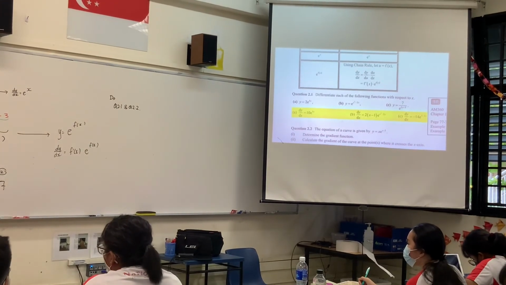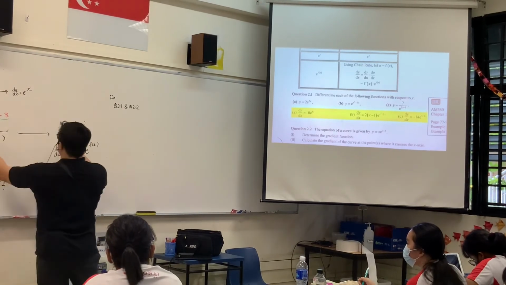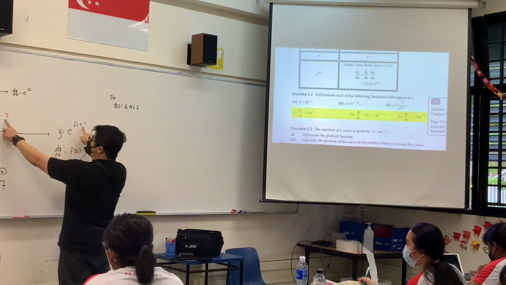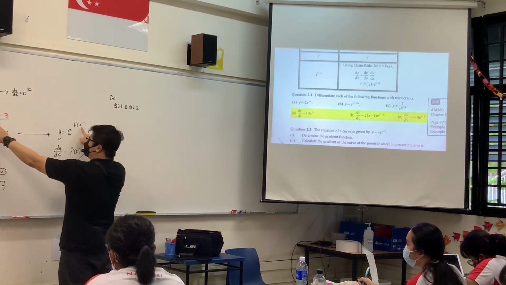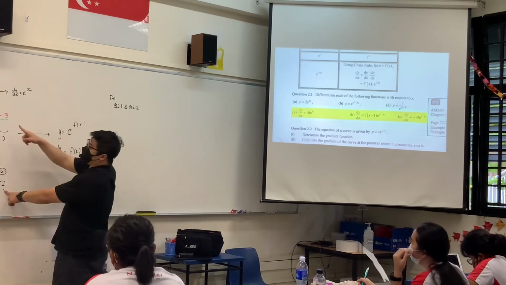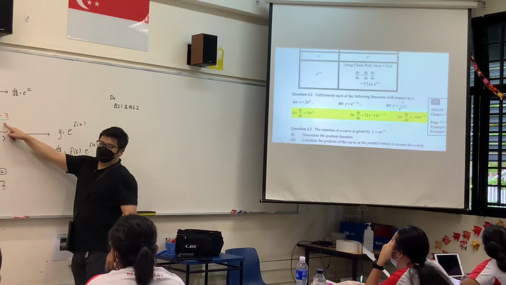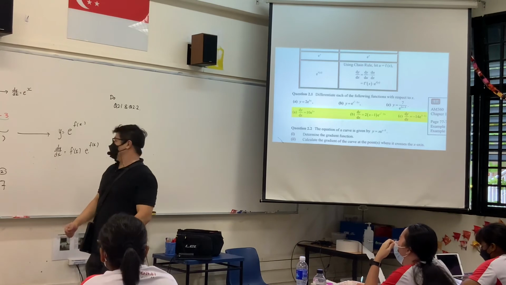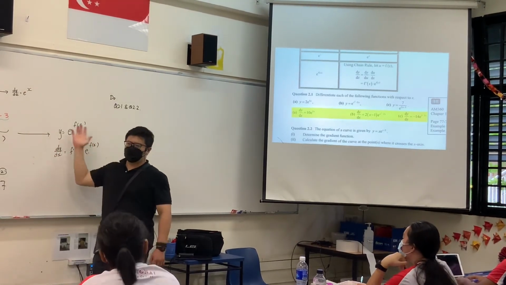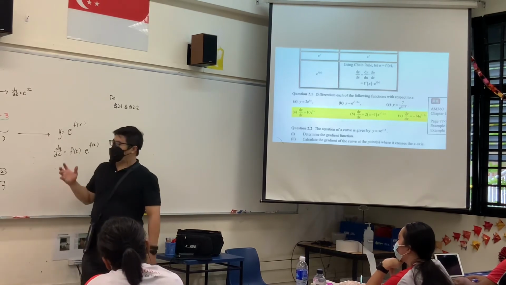Yeah, same thing. e to the power f(x), f(x) is a function, then the answer is e to the power f(x) times f prime, because I differentiate this. This is to show, because if I start teaching with this one first, it's a bit cheap, so I start with this one.